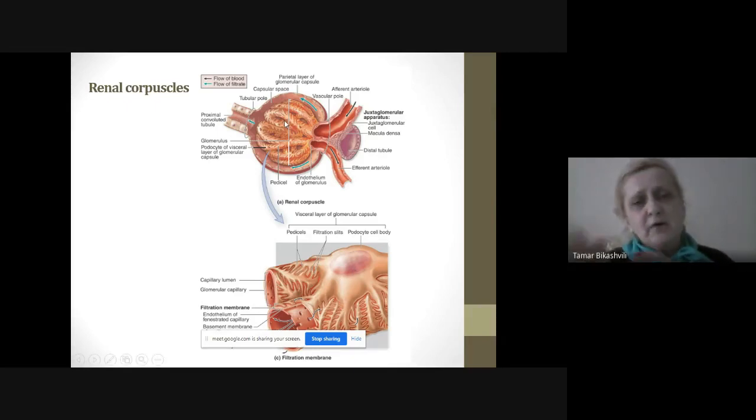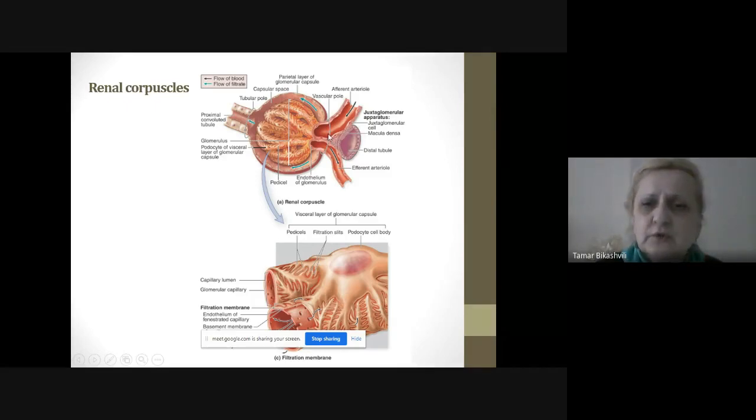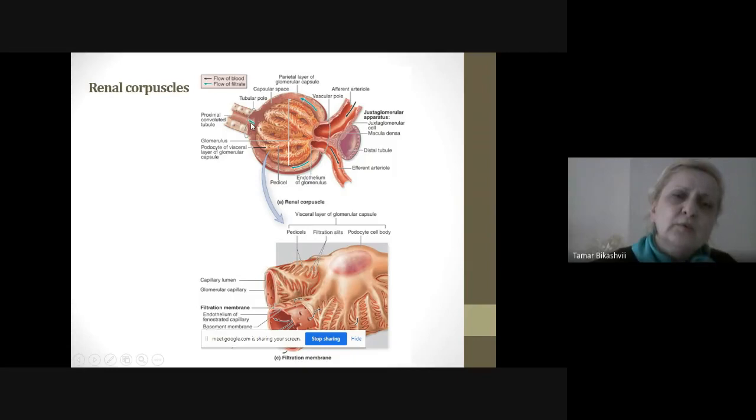Okay, so about podocytes we'll talk also, but I want to show two poles of these renal corpuscles. These are the vascular pole, where blood vessels start, and this is the tubular pole, where the proximal convoluted tubule starts.